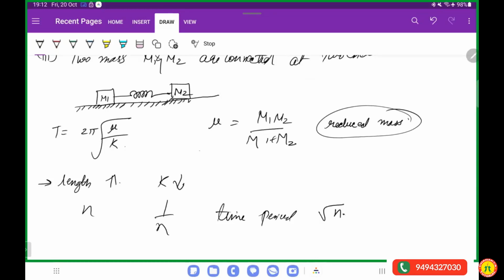So root n times. So length and time period are related. So what we wrote here, let's conclude again: if the length of the spring increases, the spring constant decreases. If length becomes n times, spring constant becomes 1 by n times, and time period will be root n times.